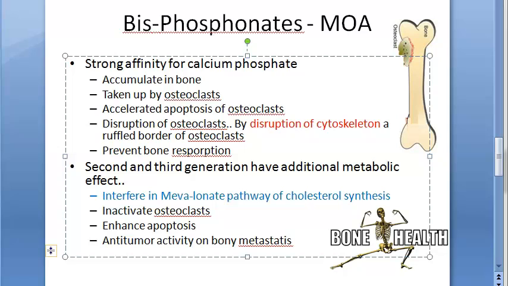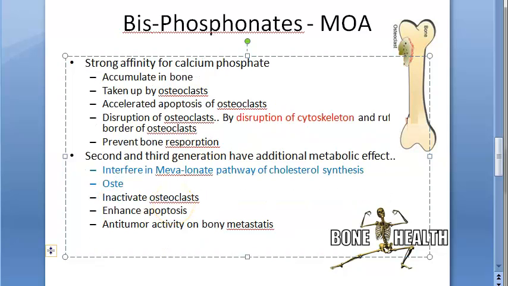This pathway is very important for the normal function of osteoclasts. The osteoclasts need this pathway. So now what happens? The osteoclasts get inactivated. They enhance apoptosis of osteoclasts again, and the second and third generation drugs also have anti-tumor activity.